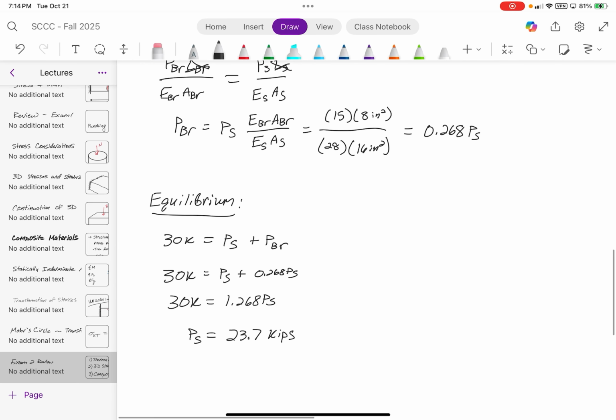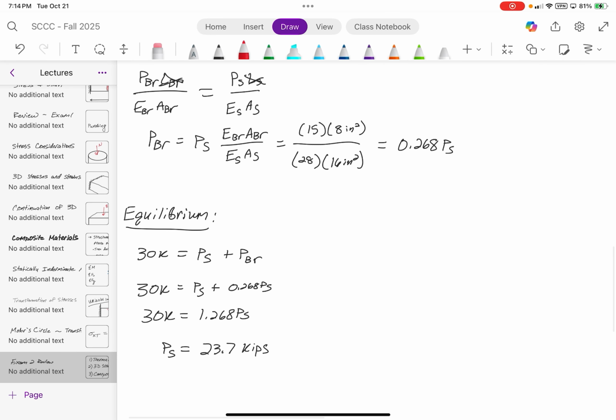All right. Now there are two ways to solve for P_B, P brass. You can either use the equilibrium equation, where the P brass is just going to equal 30 minus 23.7, which you should get 6.34 kips.